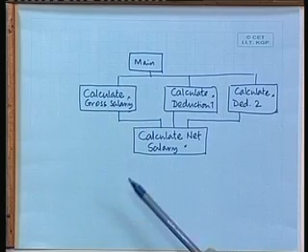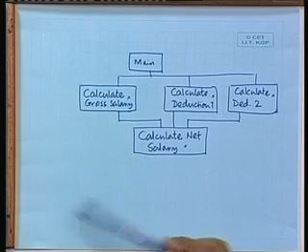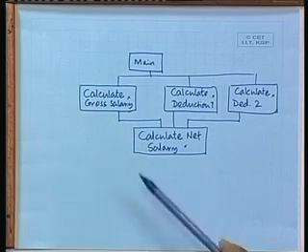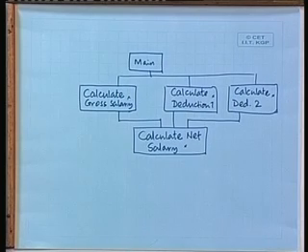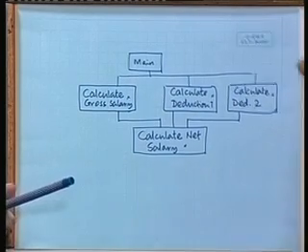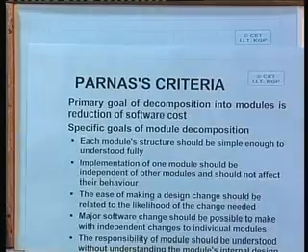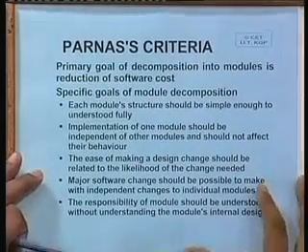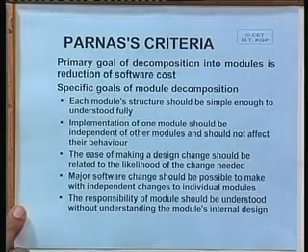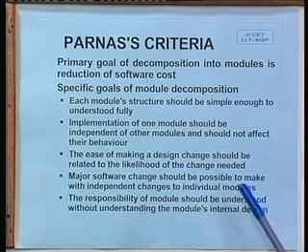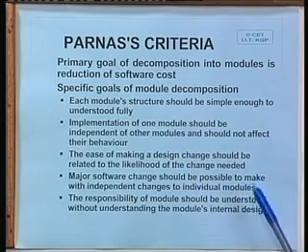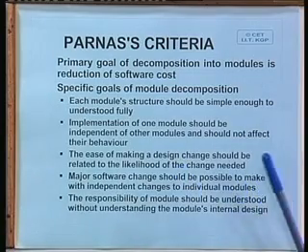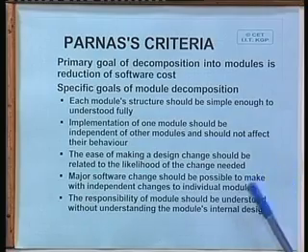You simply know that this is my data store, I collect the data from this data store and put it back to that data store. So in that sense the modules are independent of one another. Then the ease of making a design change should be related to the likelihood of the changes needed. So basically what it says again has something to do with functionality.